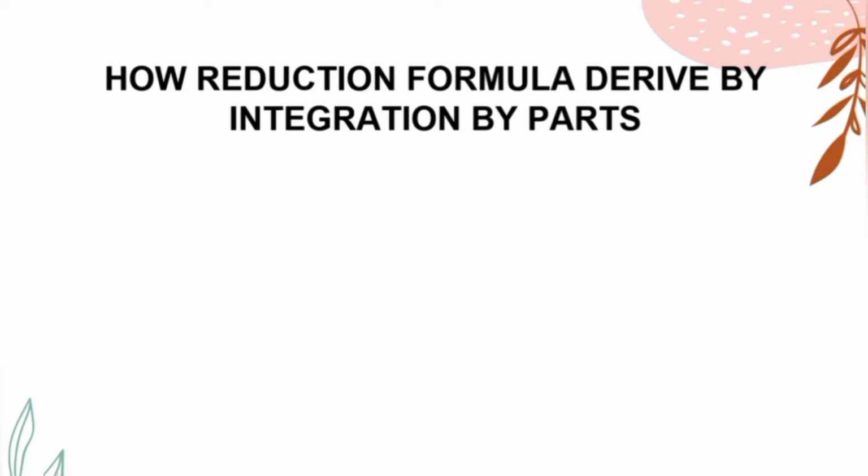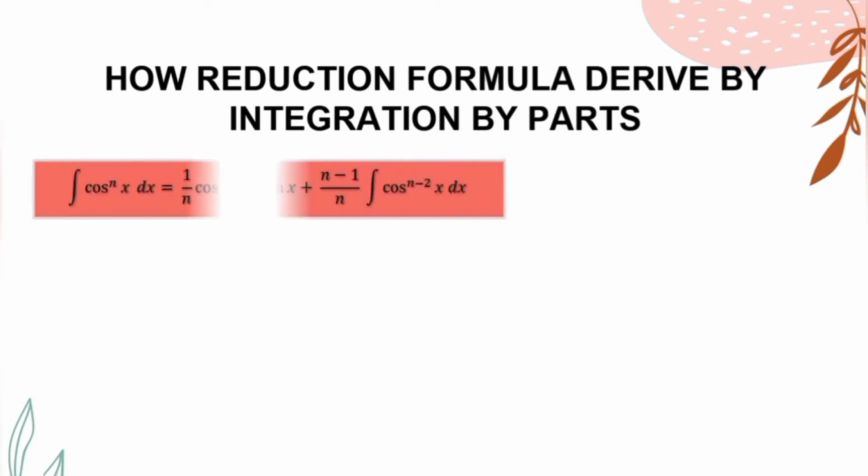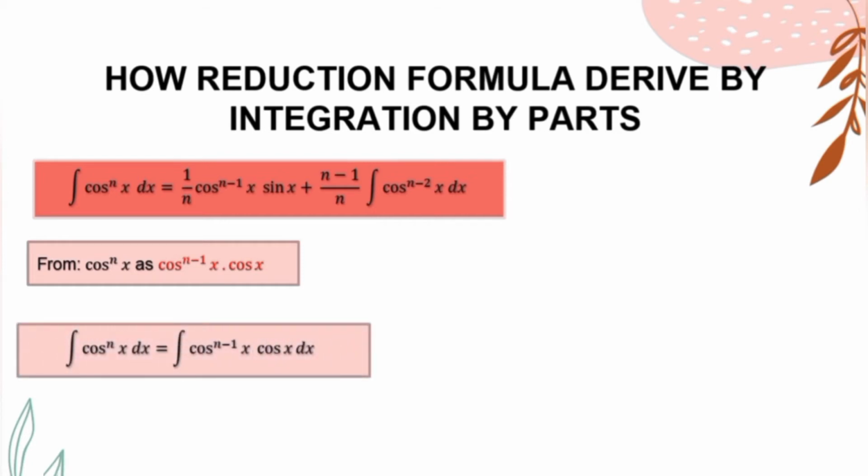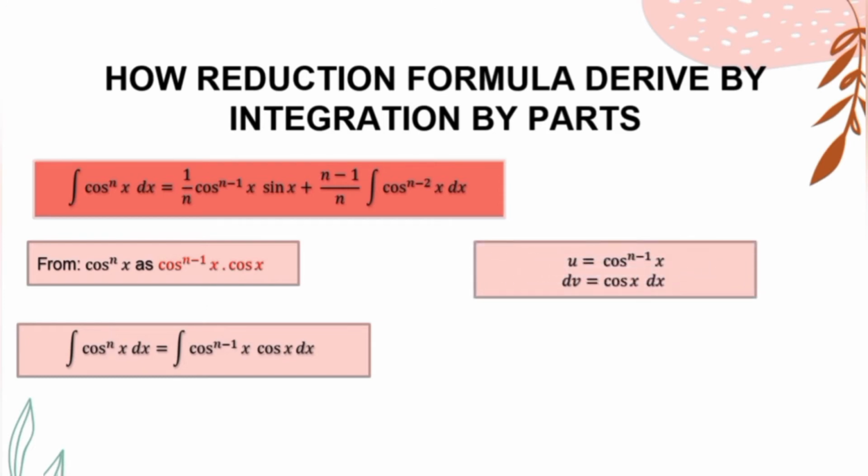To illustrate how one of the formulas can be obtained, let us derive it for cosine x to the power of n. First, we begin by writing cosine x to the power of n as cosine x to the power of n minus 1 times cosine x, so that it will be like this. From that, we can apply the LIATE method to determine u and dv.